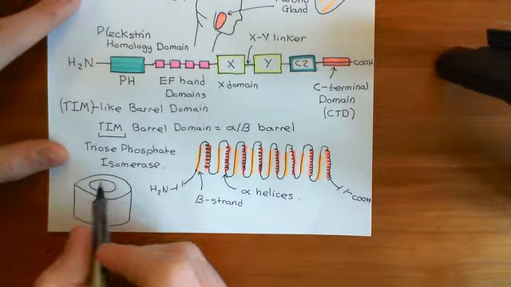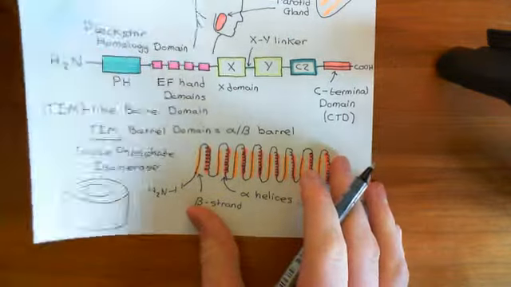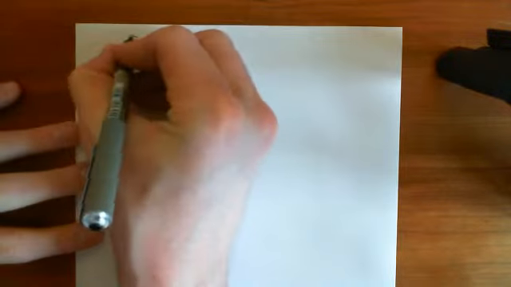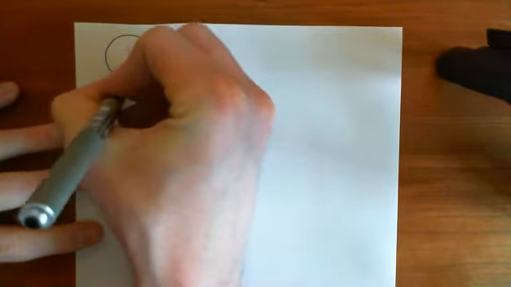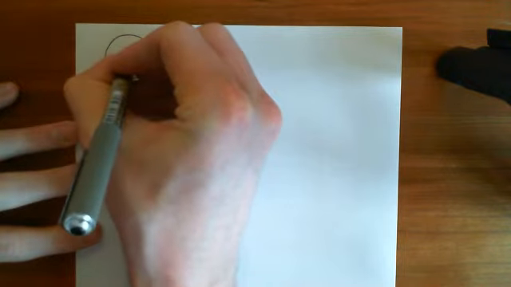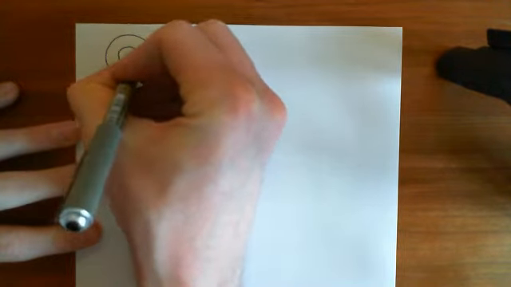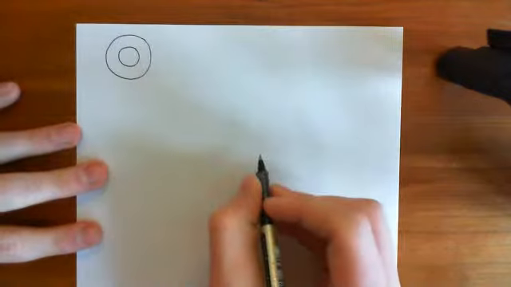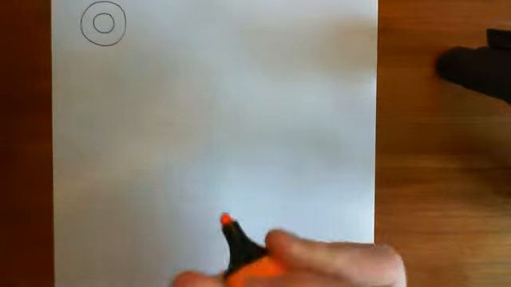I'm going to draw this picture from above now. Okay, so if we draw it from above, like so. Okay, so you've got this portion of the protein, and then you've got a channel down the middle, effectively. Okay, what you find is that the beta strands, which are in orange, are all on the inside of the barrel.